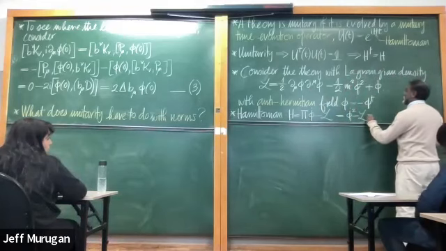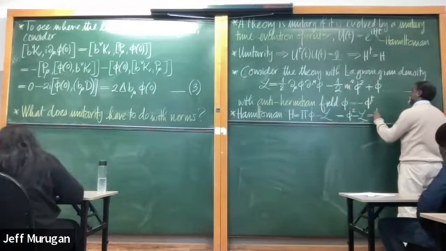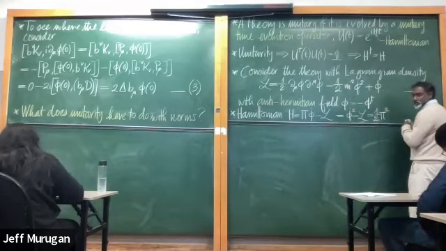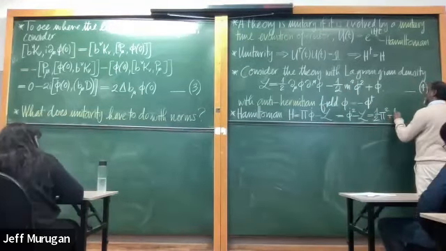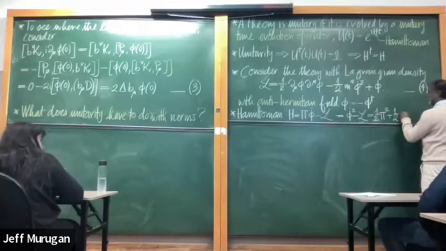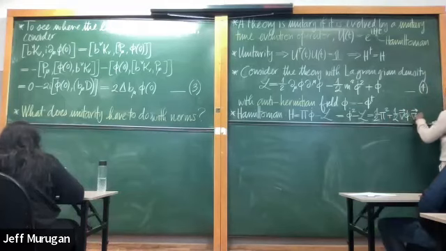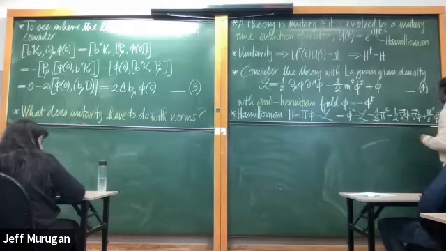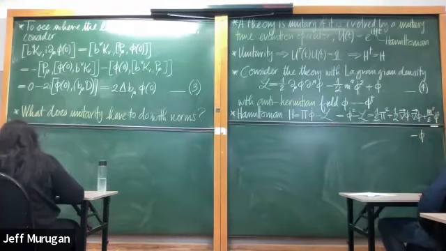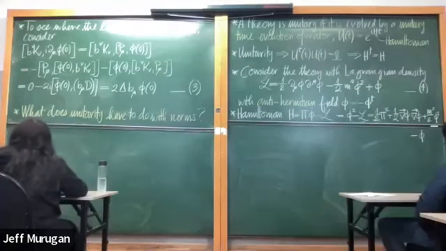So this is equal to a half pi squared plus a half gradient of phi dot gradient of phi plus m squared over 2 phi squared minus phi. Okay. So the question is, is this thing Hermitian?